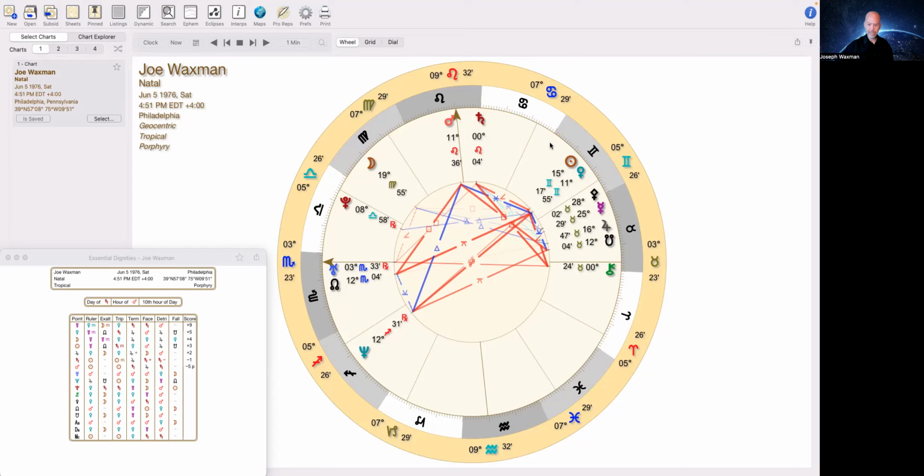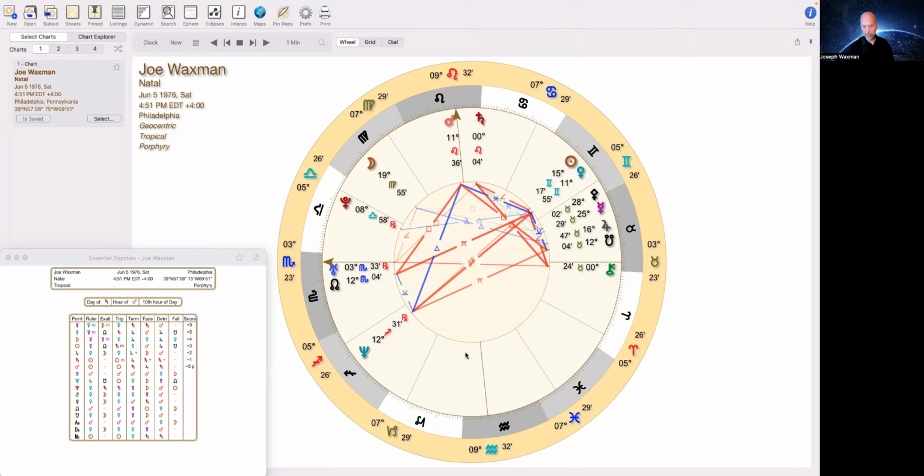Saturn square Sun can be quite hard, right? Quite rigid, authoritative, but not necessarily in a healthy way, especially initially. Right? So these are the aspects to the Sun and Venus.